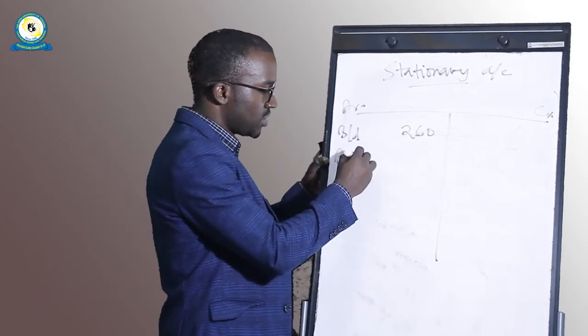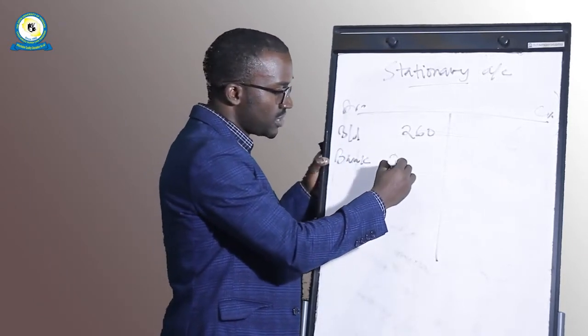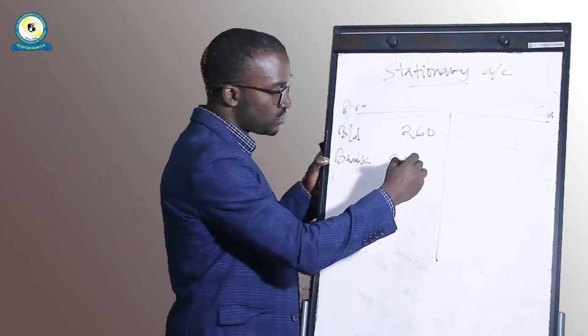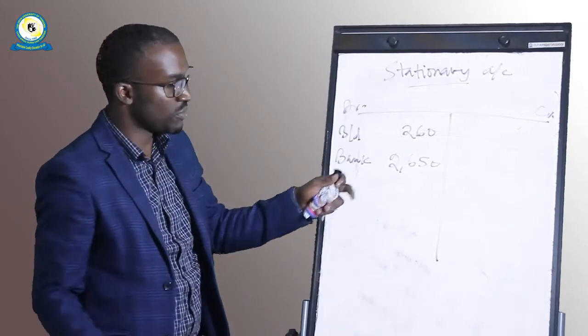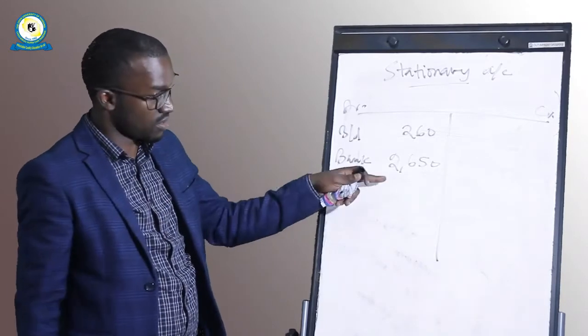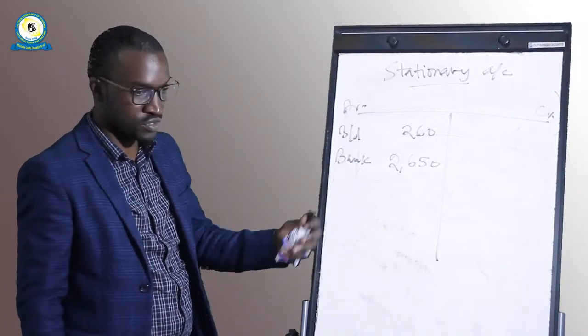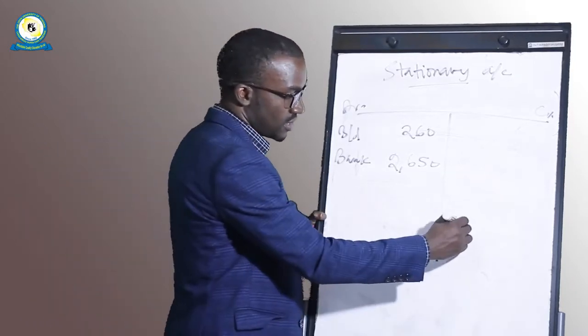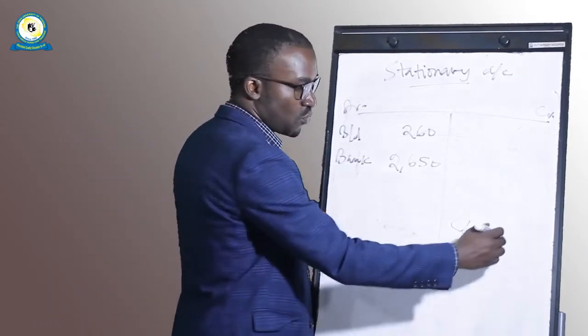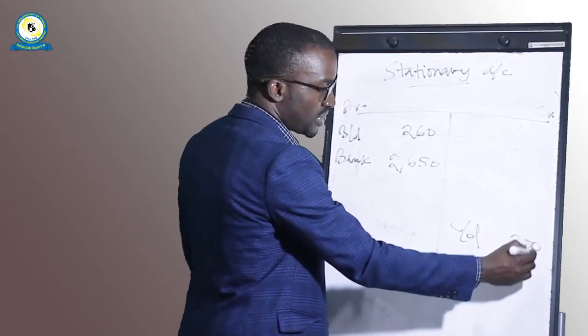Let us assume it was paid by bank, an amount of 2,650. So we paid this amount for stationery, for stock of stationery. But we are also told at the end of the year, balance carried down, we had stock of 300.